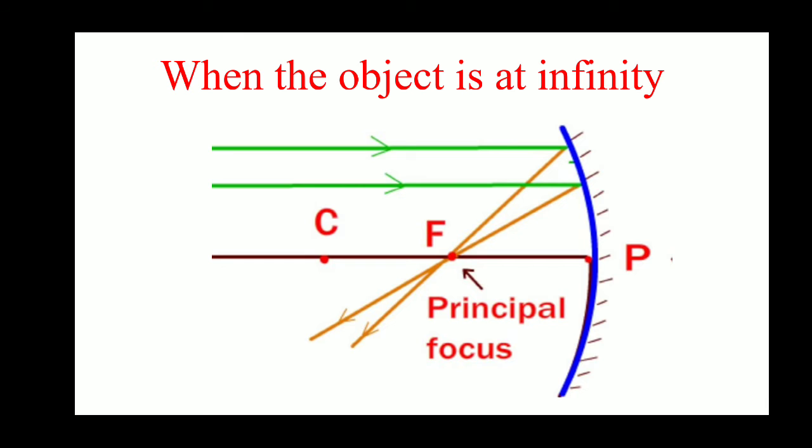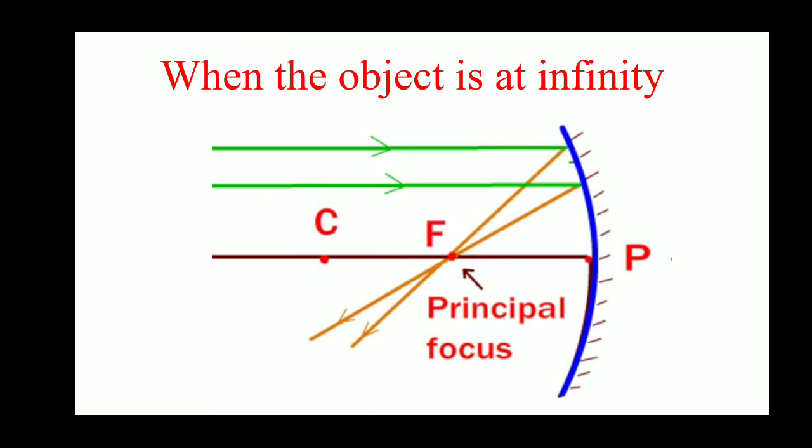And green one is the incident ray, and this yellow one is a reflected ray. Both the reflected rays are meeting at this point. So when the object is at infinity, the image is formed at focus. 2 rays are meeting, so it is a real highly diminished image.